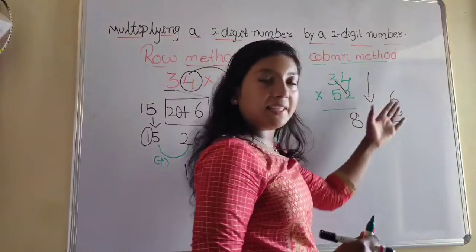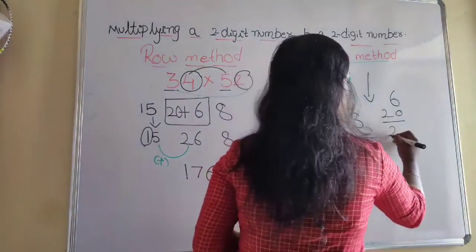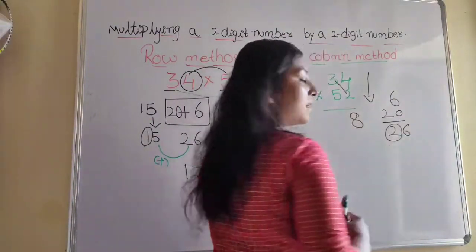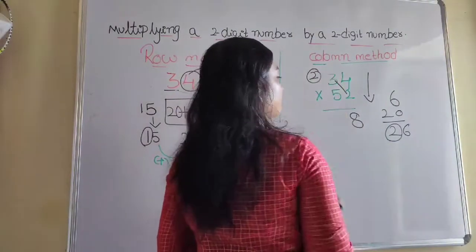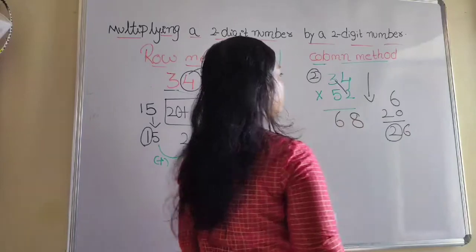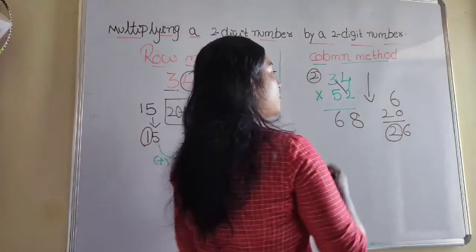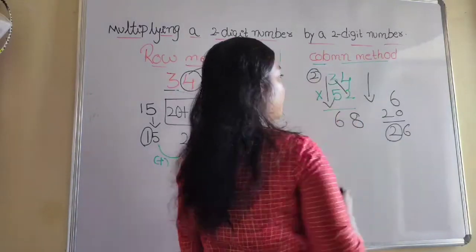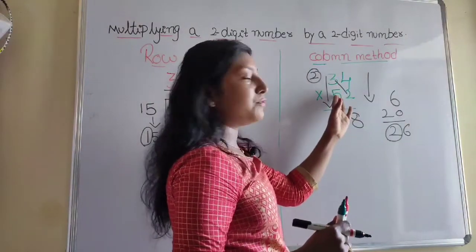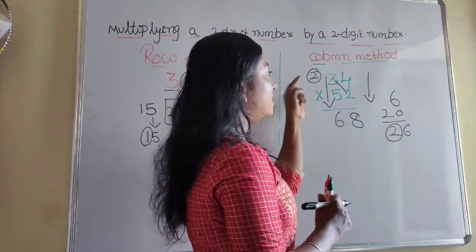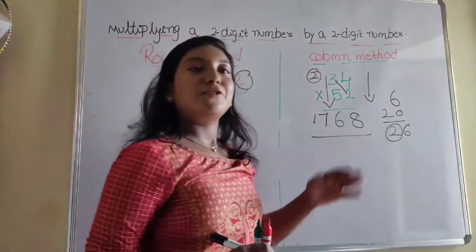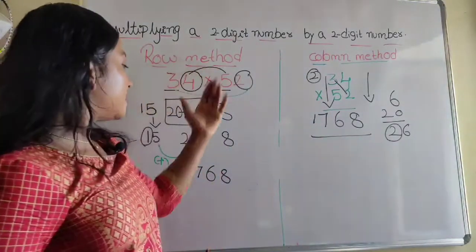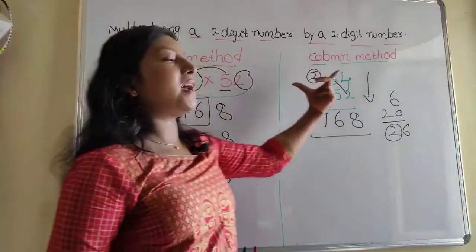And if we add these two, we will get 26. We got the carryover. Get this carryover to the next digit here, 2, and get this 6 down. Next, we already know what to do. Yes, bring this. So 3 into 5 gives 15, and plus 2 gives 1768. So if we observe, we get the same answer in the row method and column method.